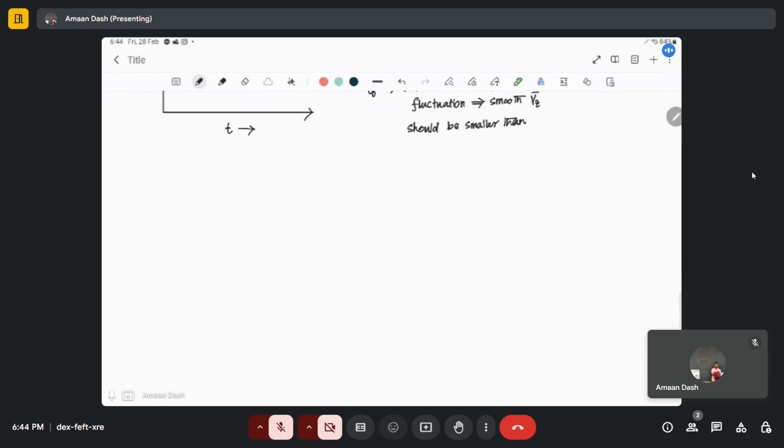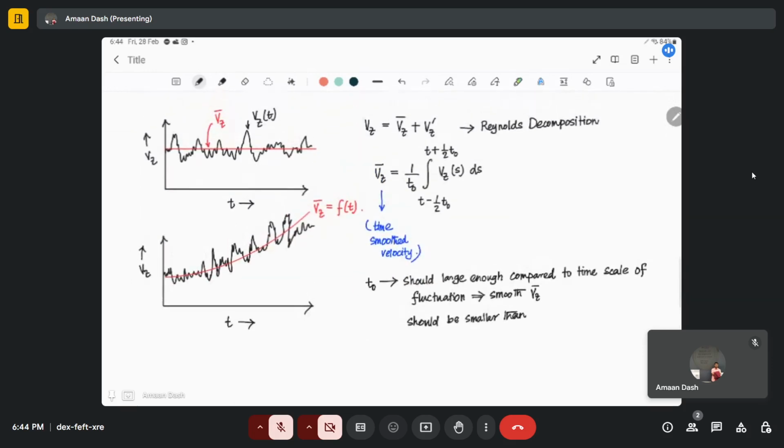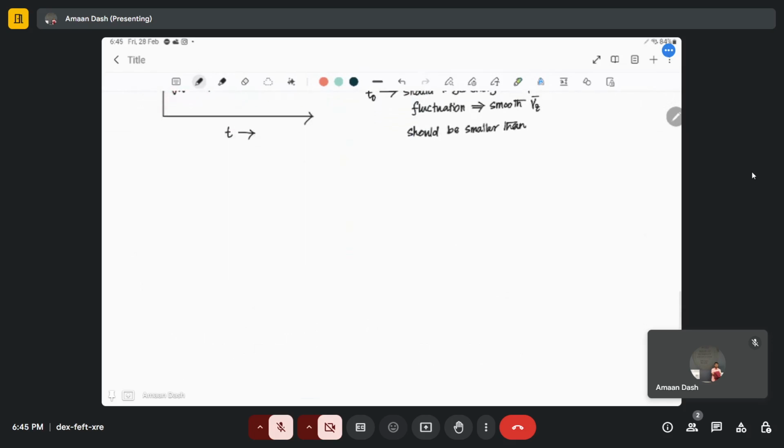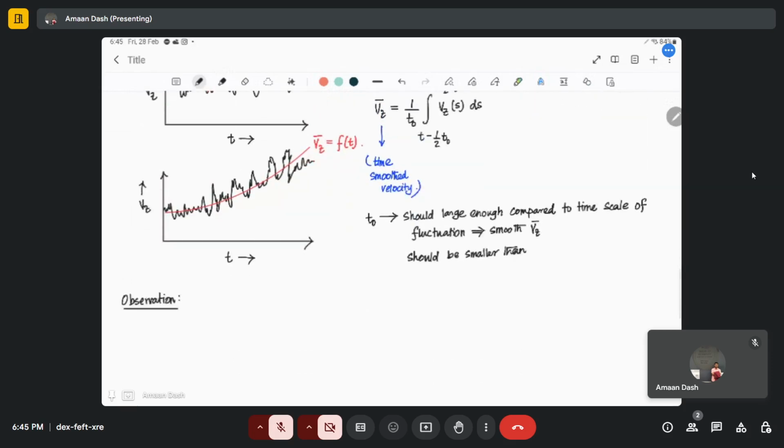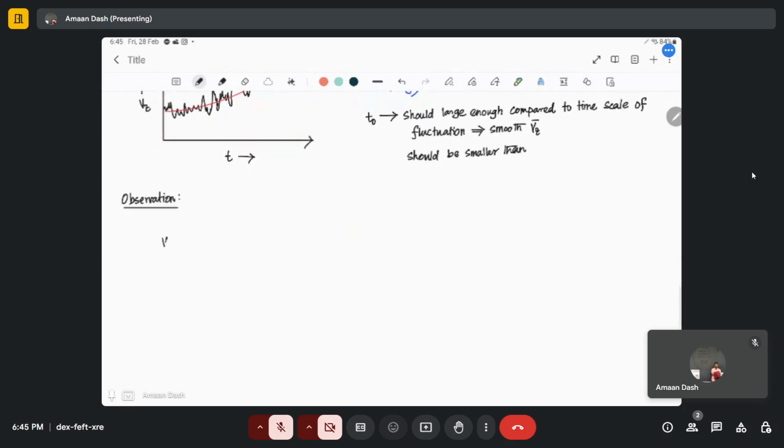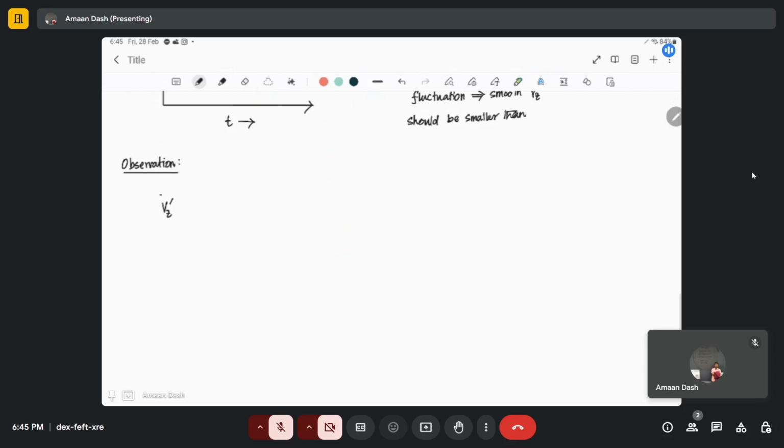Now let us see some properties that we can derive from this time smooth velocity. Some observations we can make. This is the fluctuating component, that is Vz prime. So what will be the average value of this fluctuating component?